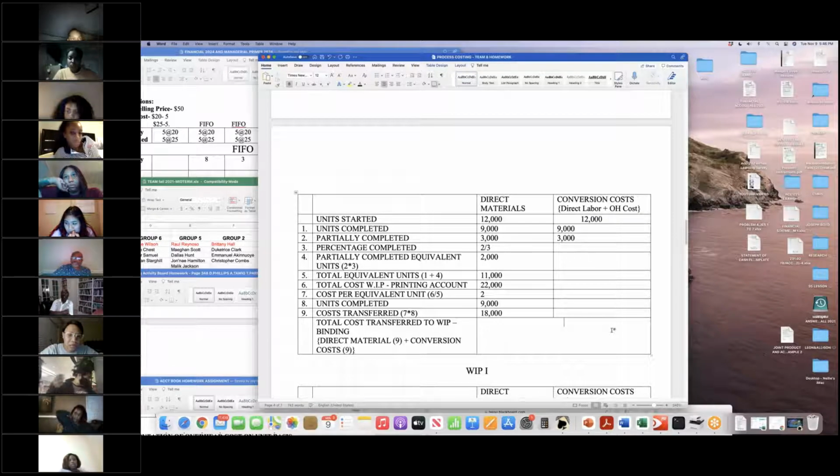All you had to do is transfer them over. But what's going to be on line 3? 1/3. So what's 1/3 of 3,000? 1,000. So what's going to go on line 5? 10,000.